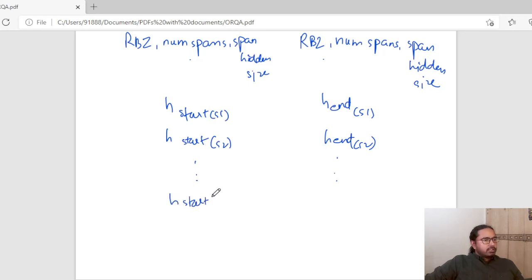H start is number of spans, and h end the span number of spans. So in the paper they had mentioned that they technically do concatenation in the mathematical equations, but technically in the code implementation they have just added it.